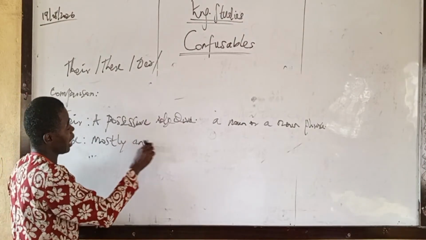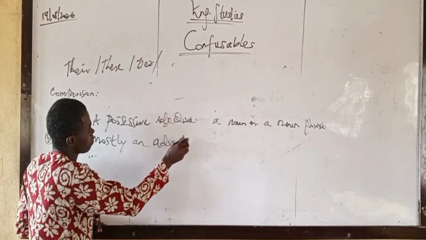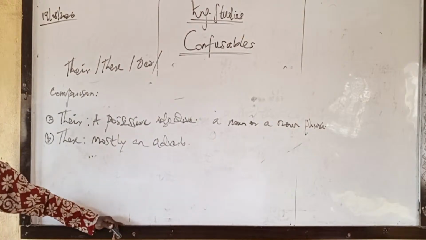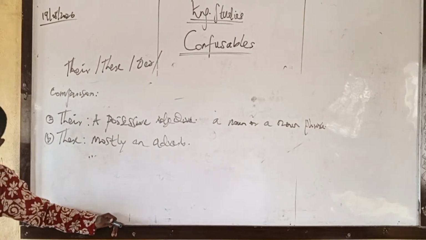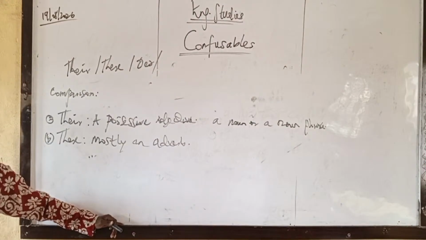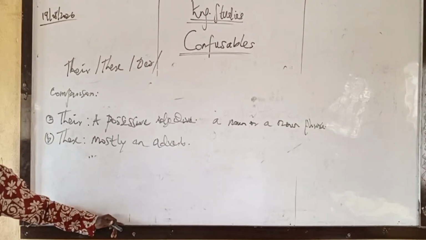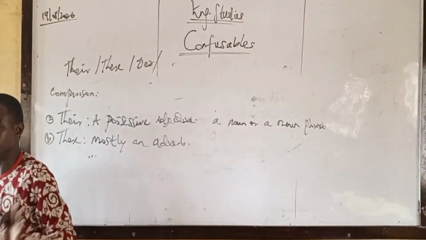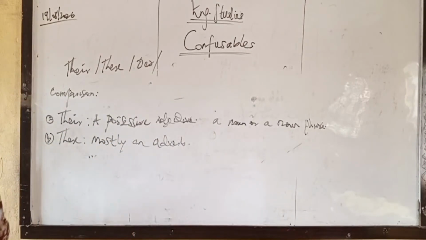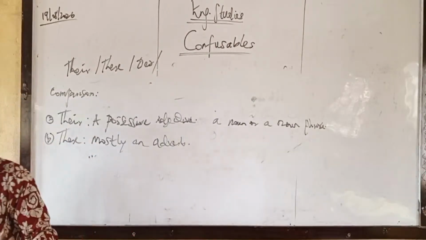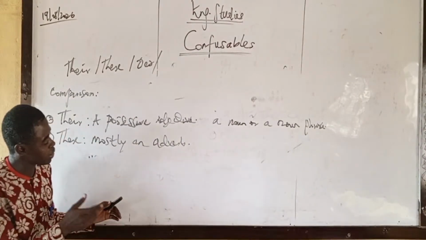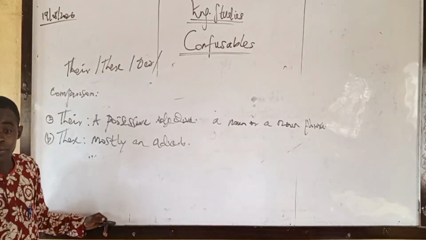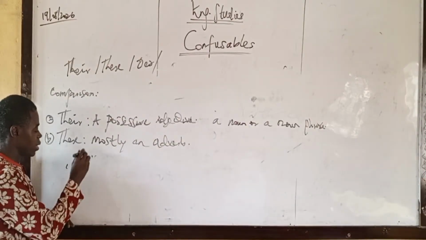Mostly an adverb. It can precede or be preceded by a verb. It can appear before or after a verb. To be more direct, it is an adverb, an example of an adverb of what? Place.